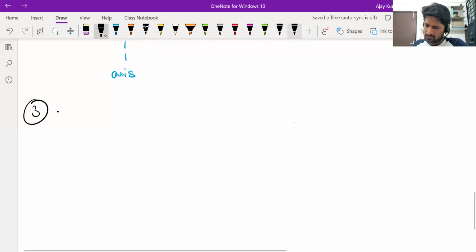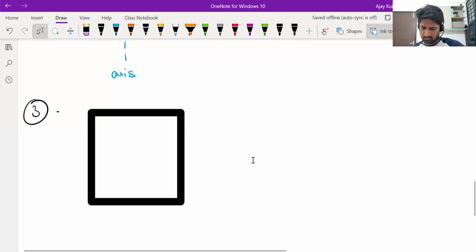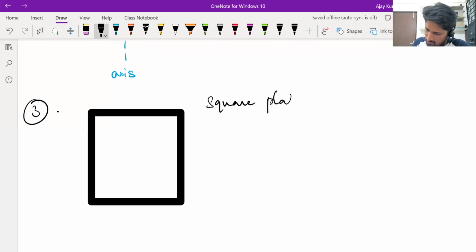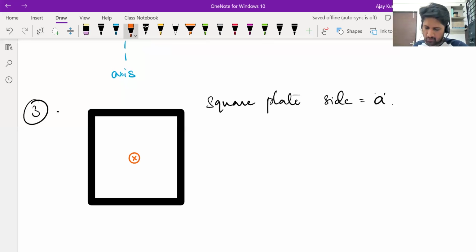Let's say there is a square plate. Assume its side is A. Let's say the square is restricted to rotate about this axis.